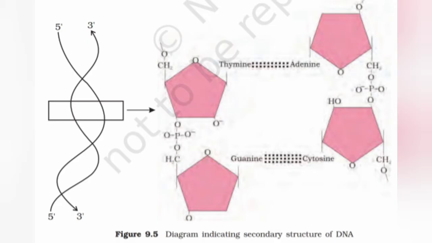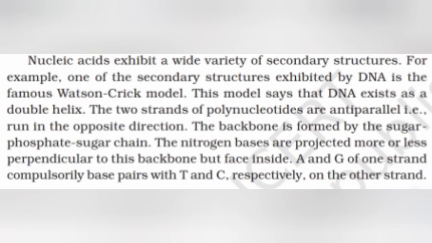Here this figure represents the secondary structure of DNA in which a helical structure is shown. The helix is magnified and the phosphodiester bond is shown. Between the two pink pentagons, a phosphorus group is linked on one side to the carbon of one sugar and on the other side to the oxygen of the other sugar. This way, a phosphodiester bond is formed.